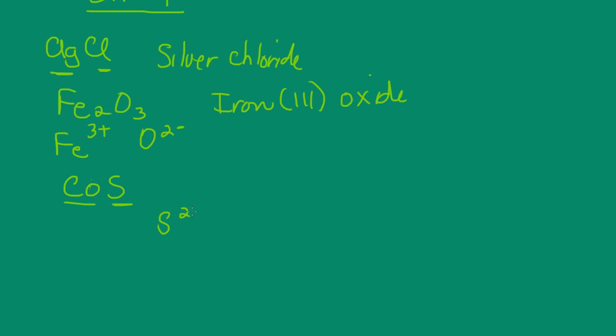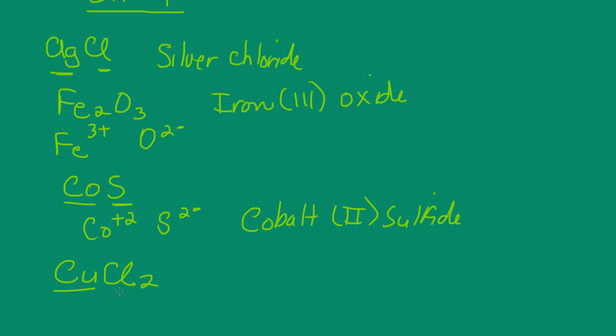Well, since we only have 1 of each, that must mean that the cobalt is a +2. So we would call this cobalt 2 sulfide, okay?